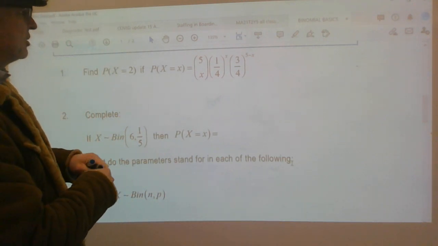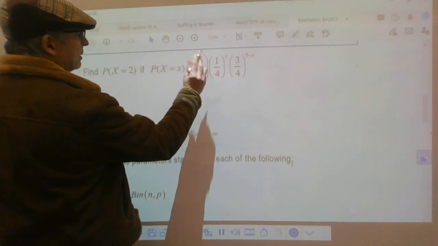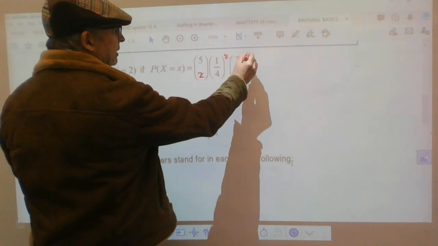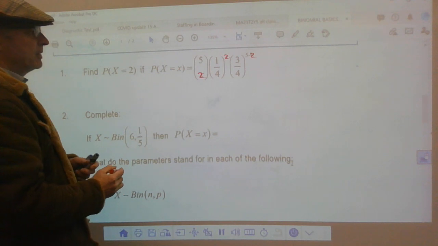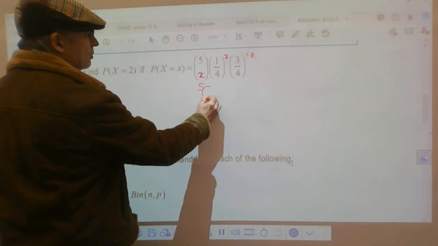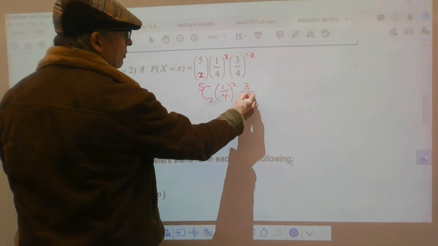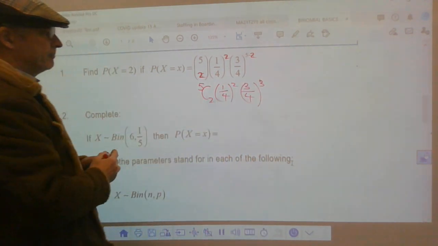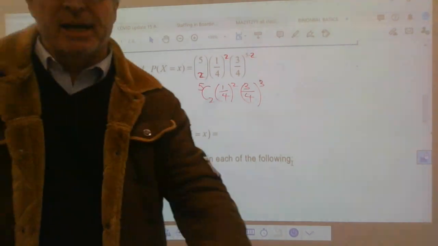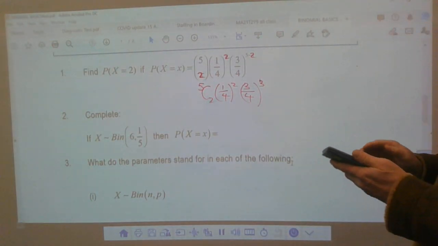So basically, you just need to put a 2 in here, a 2 in here, and a 2 in there. So you're finding 5c2 and a quarter to the power of 2 and 3/4 to the power of 3. So you just need to put that in the calculator once more.